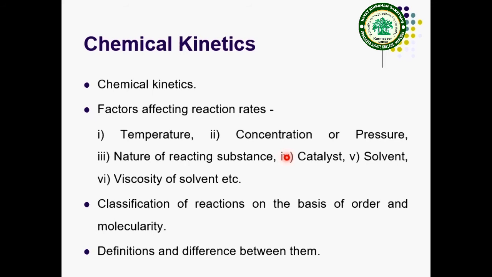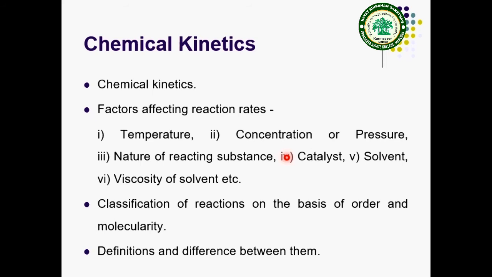Positive catalyst is used to speed up or enhance the rate of reaction, while negative catalyst is used to control, retard or reduce the rate of reactions. The state in which the catalyst is present is also important for the classification.